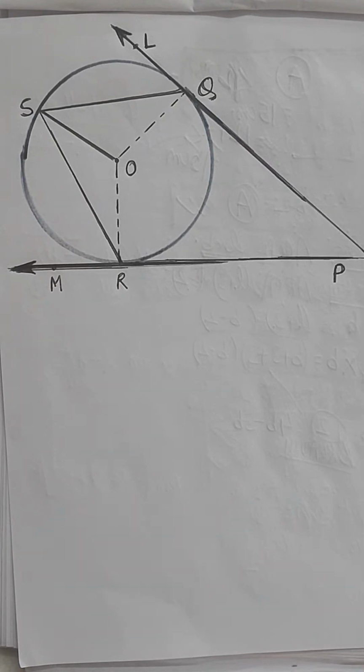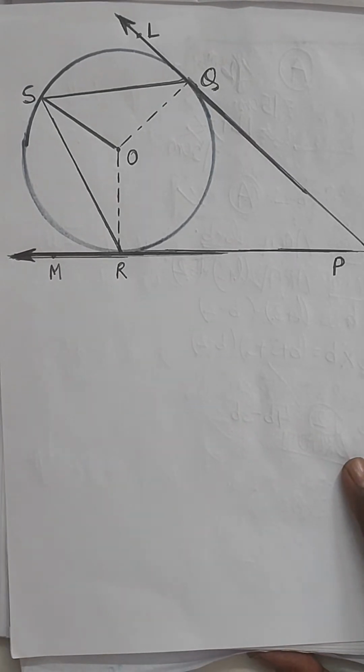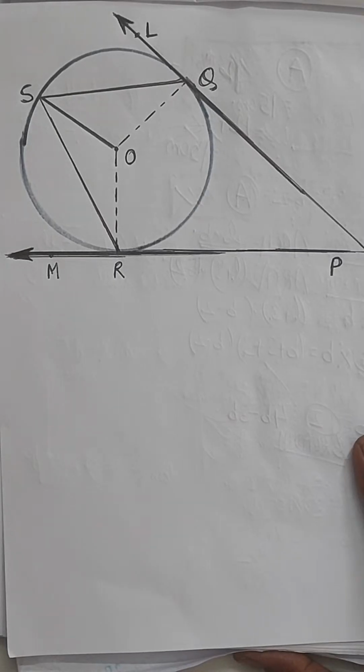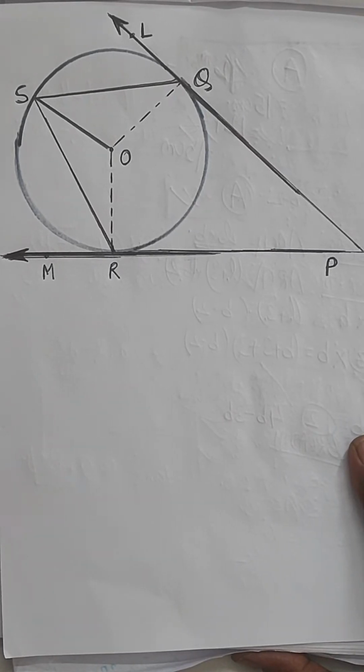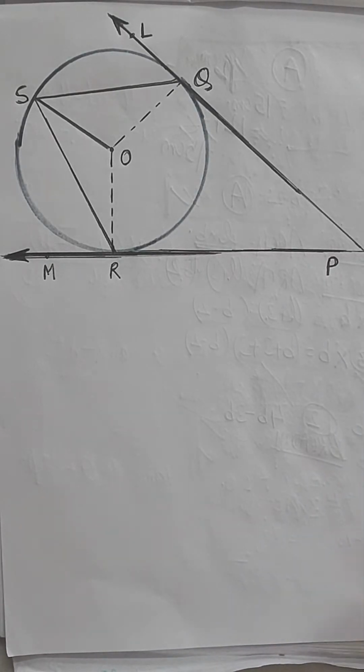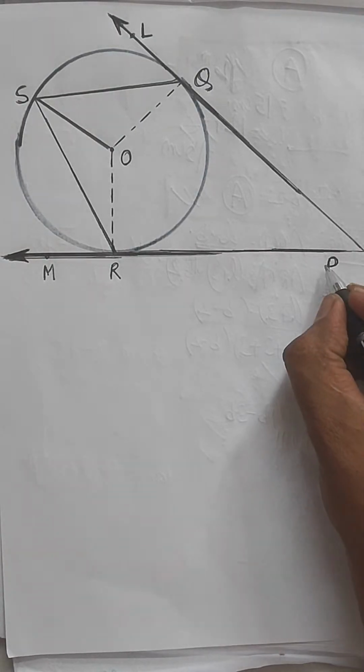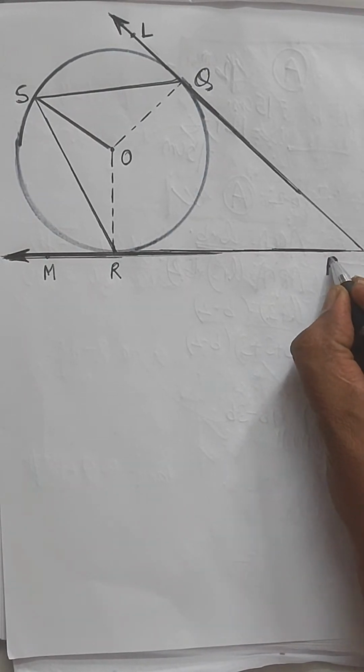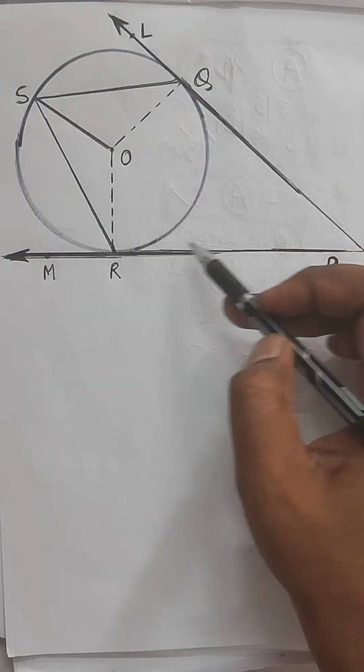I'll be taking this question from circle, where the figure is shown in front of you. I think this is visible to you now, right? So here you can see this is a point P, an external point to the circle.